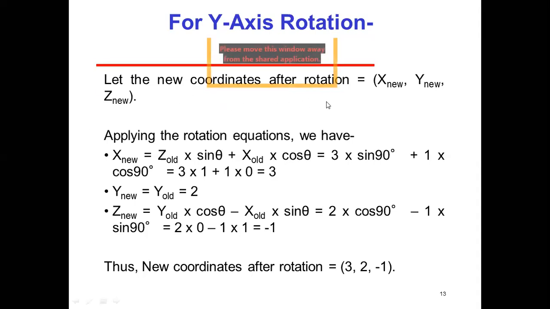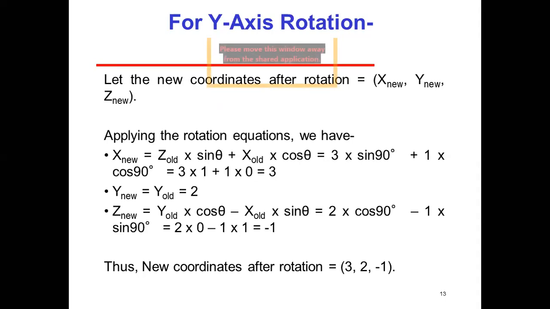Let the new coordinates after rotation be x new, y new, z new. In a similar way, we just use the rotation equations. Here x new is equal to z old sin theta plus x old cos theta. Again we put in the values of z old and x old, and replace theta by 90 degrees, which is already mentioned in the problem.